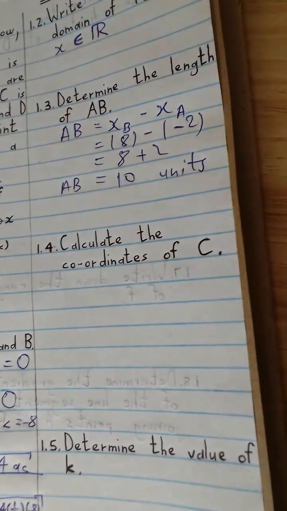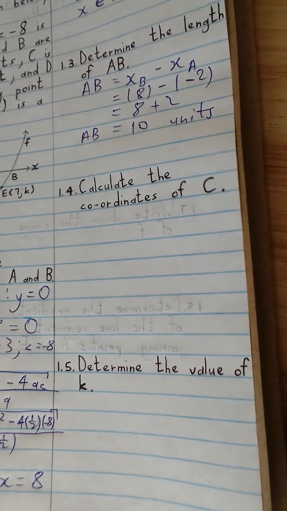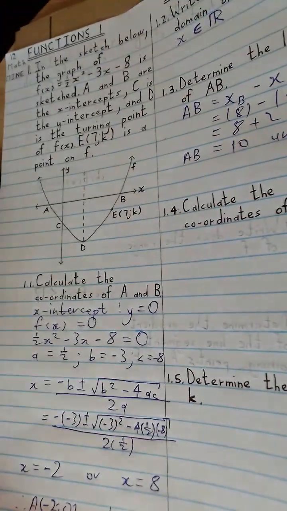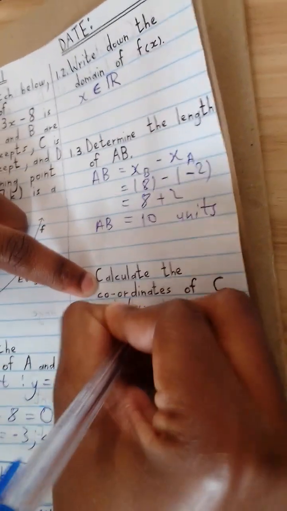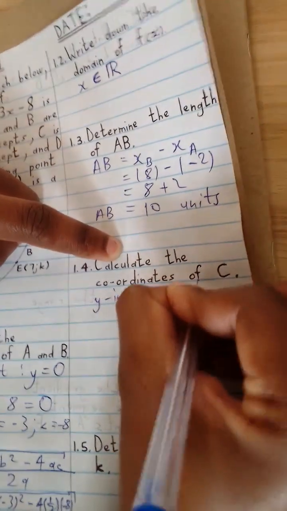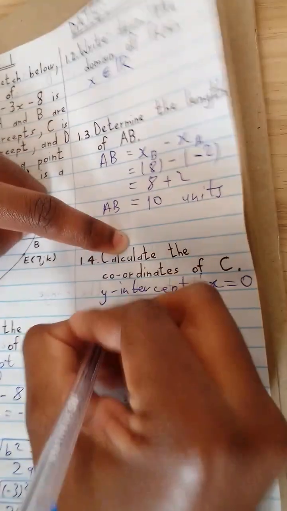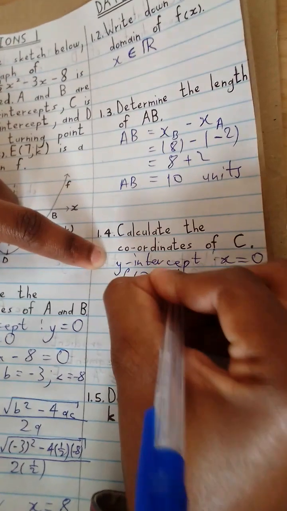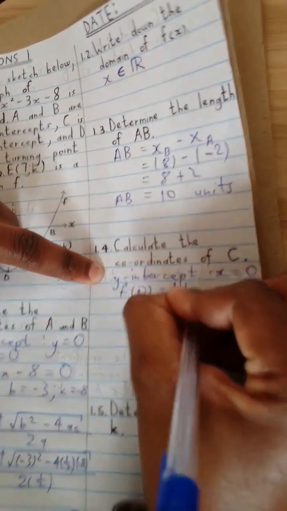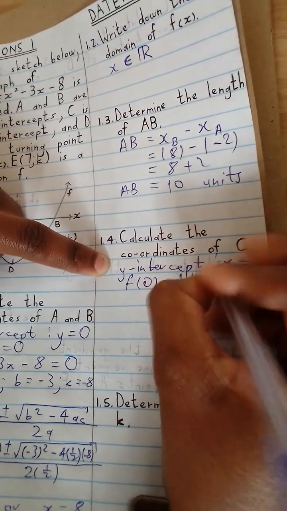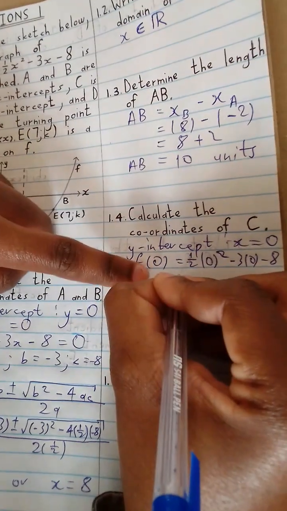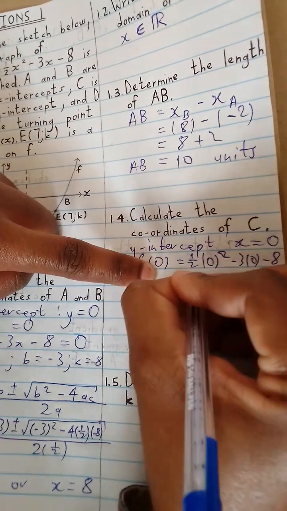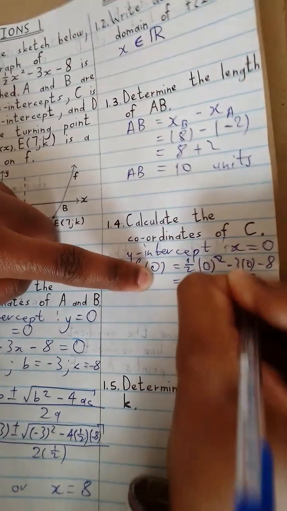1.4 states, calculate the coordinates of C. Here is C, and we're told that C is the y-intercept. Y-intercept, x is 0. So we have f of 0 is 0 minus 0 minus 8.